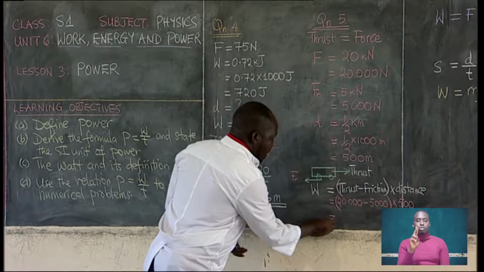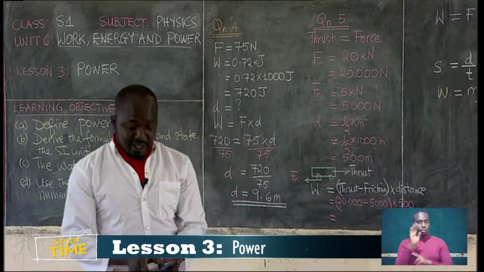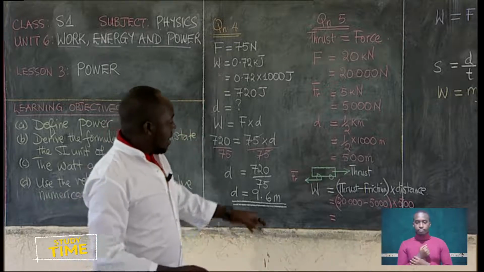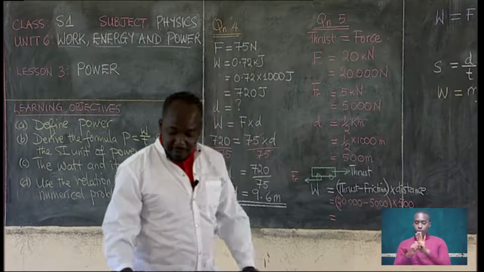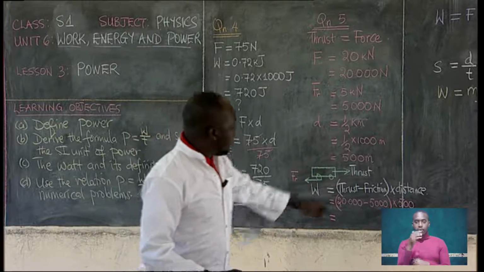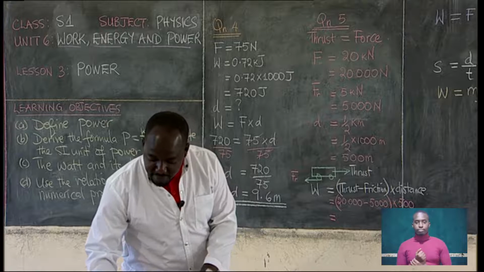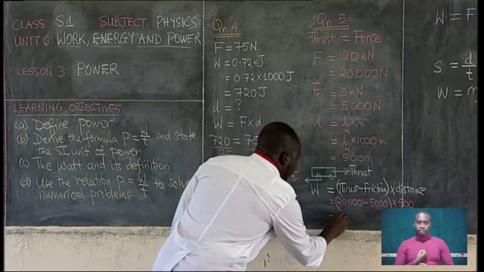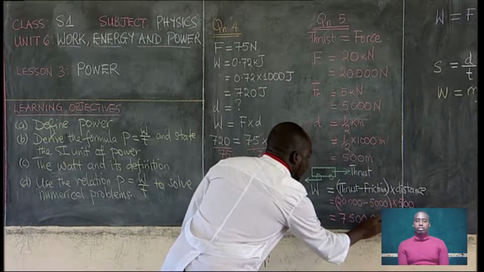Okay? Then, let's just try to multiply that. I hope you are getting your calculator. 5,000, if it is removed from 20,000, becomes 15,000. So I'm simply going to have 15,000 times the distance, which is 500. So I multiply that by 500. I'm coming out with 7,500,000.